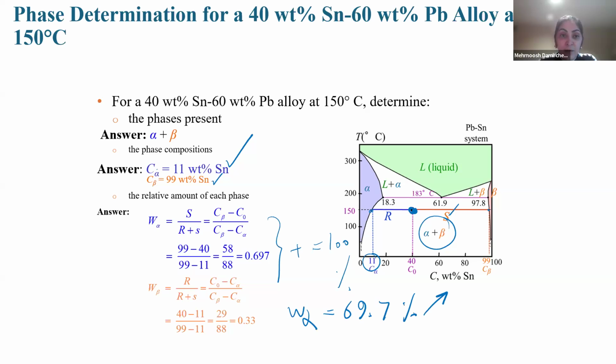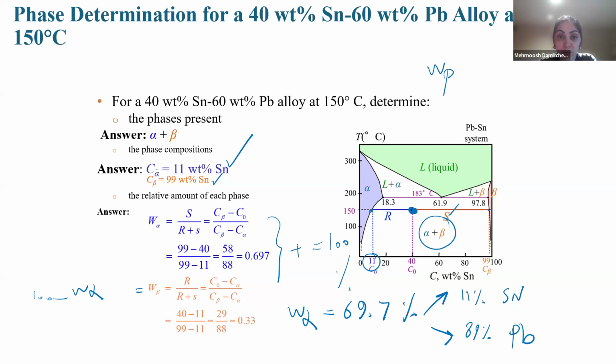In this 69.7%, how much Sn do we have? We have 11% Sn, and 89% we have Pb. For W beta, we can say 100% minus W alpha, or vice versa. We say the side far from the beta is R divided by the total. It should be 33.